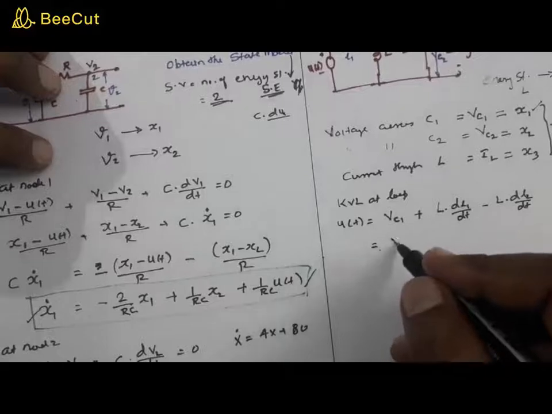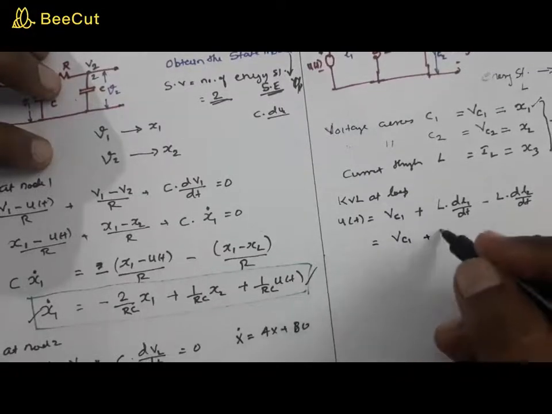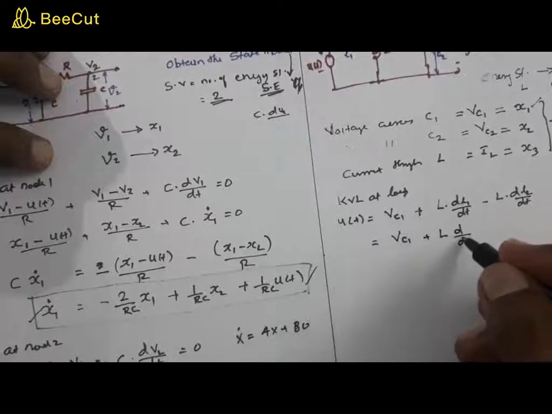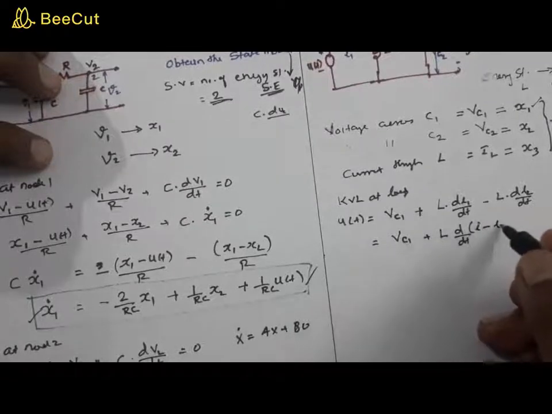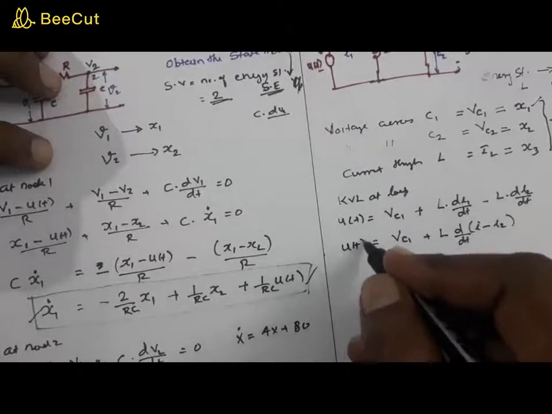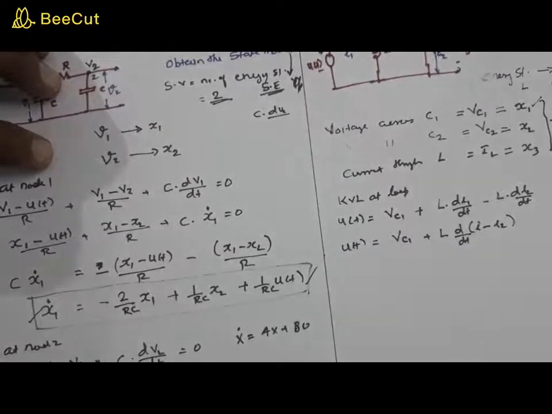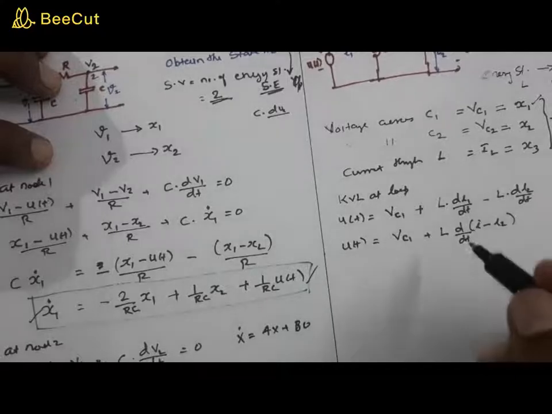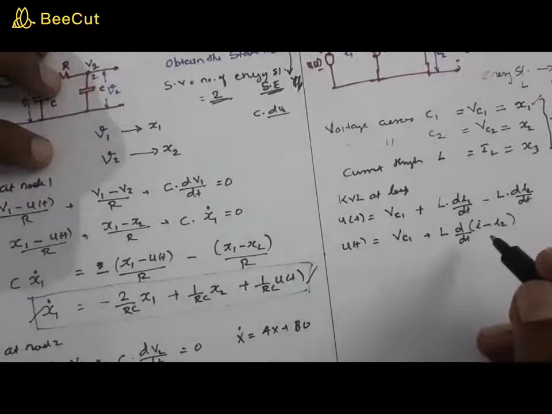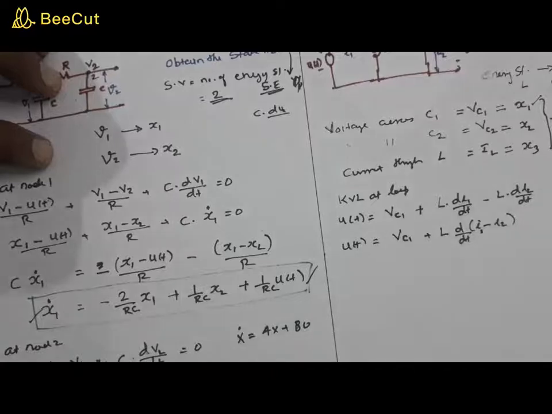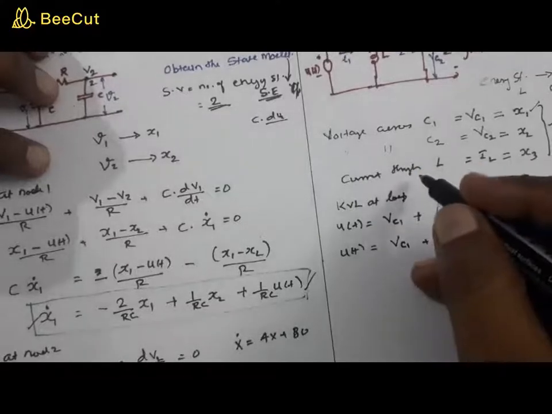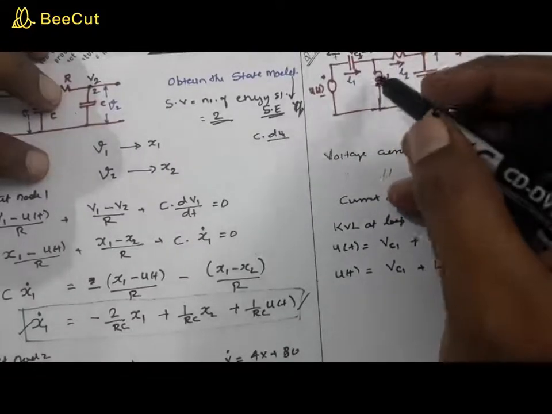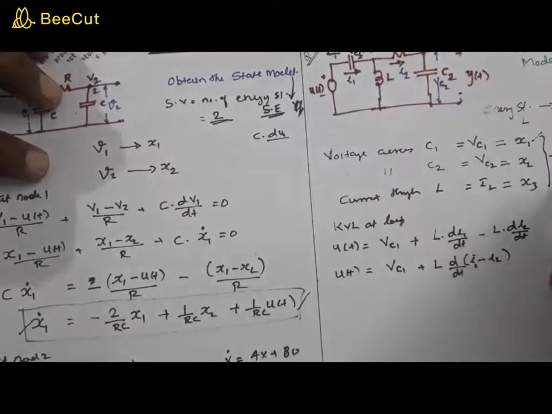So you can call this VC1 plus L into d by dt of (I1 minus I2) is equal to u of t. So you can have this expression. Now looking at this current through this L, from the circuit you can see IL is equal to I1 minus I2.